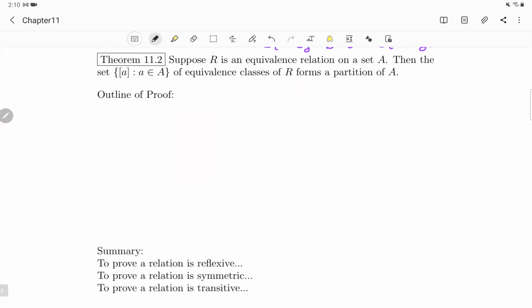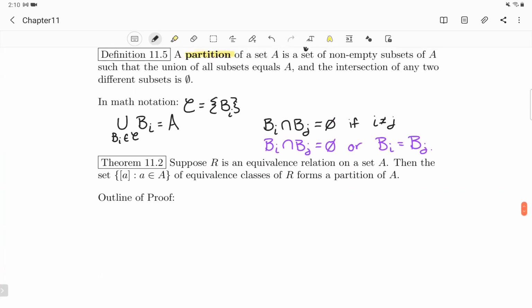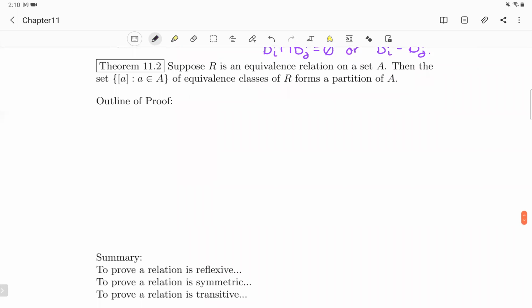All right. So let's see. For a partition, I need two things. I need the union to be everything, and then the intersection is either empty or identical, right? So let's work on the union part.